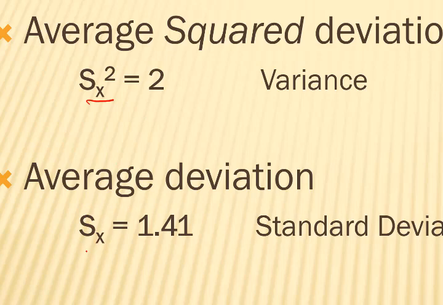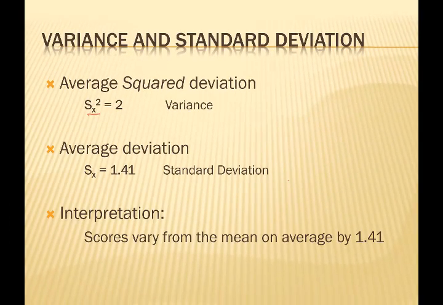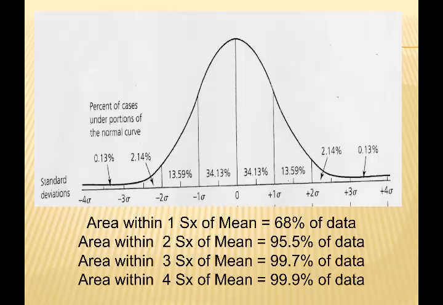So the standard deviation uses the notation S sub x, 1.41. Again, the interpretation of standard deviation is very important. A typical wording would be to say the scores vary from the mean on average by 1.41. So how significant is that?